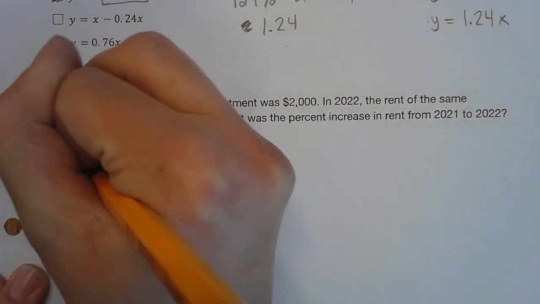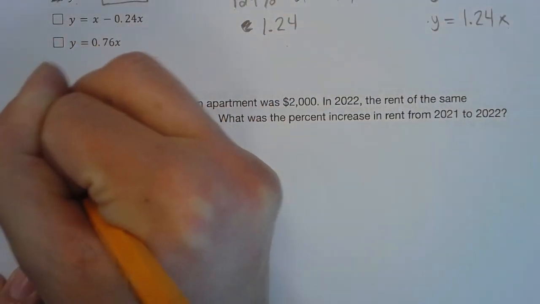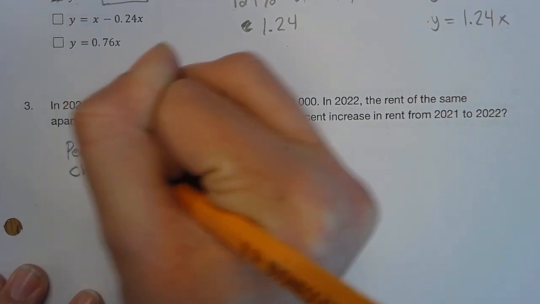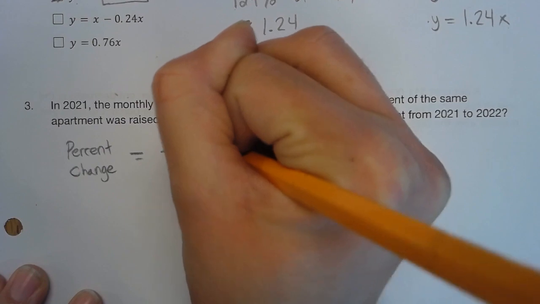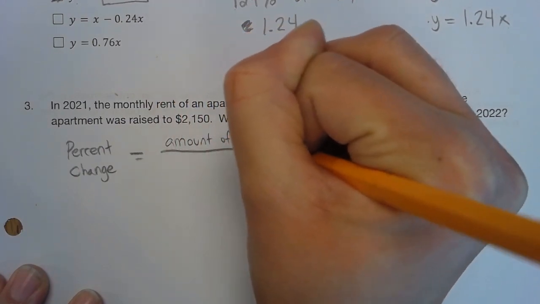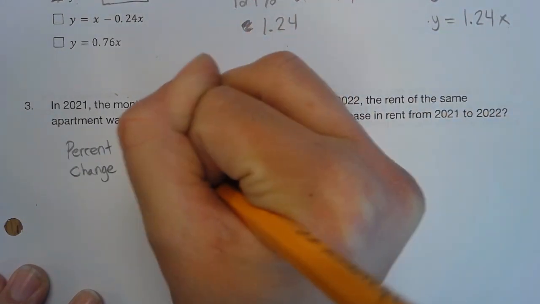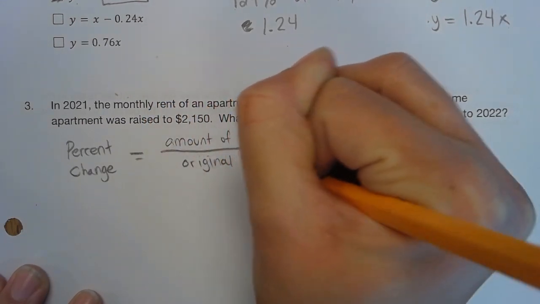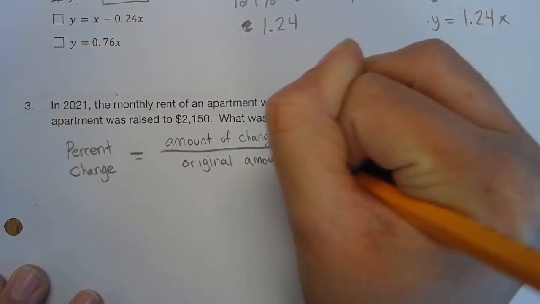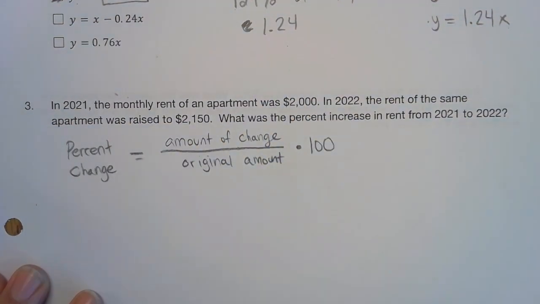Okay, so here we know that we can find the percent change by finding the amount of the change and then dividing that by the original amount. And then technically that's going to give us our answer as a decimal, so then we'll multiply by 100 to get it as a percent.